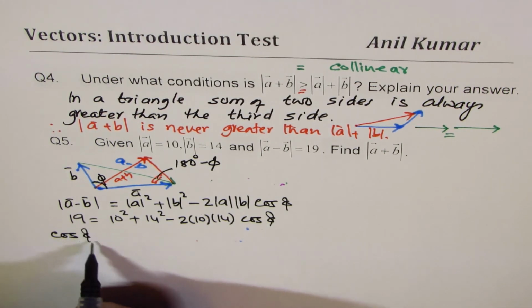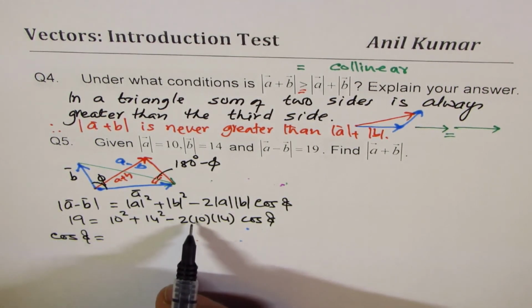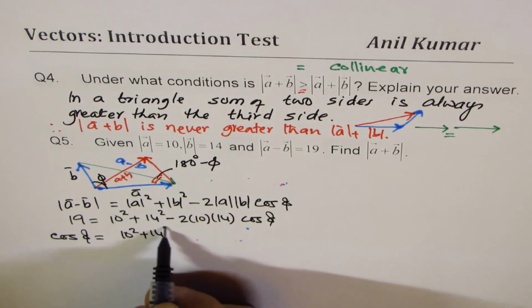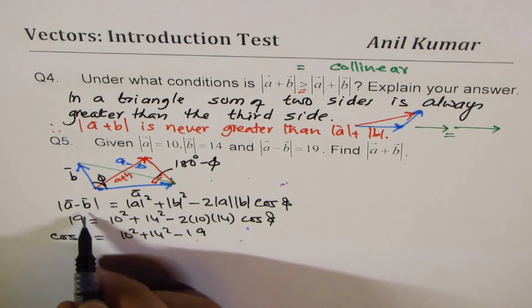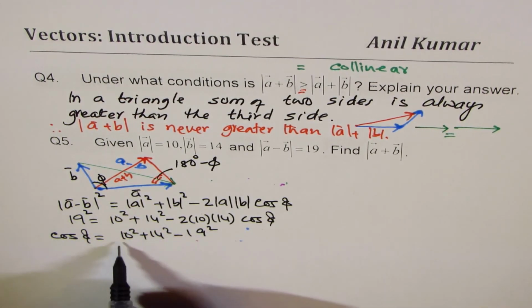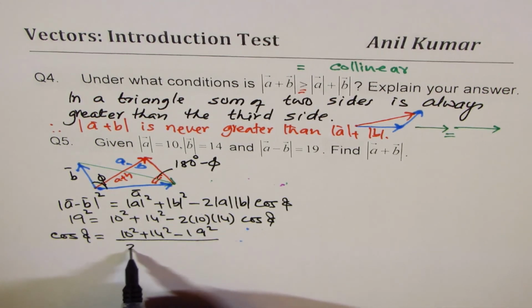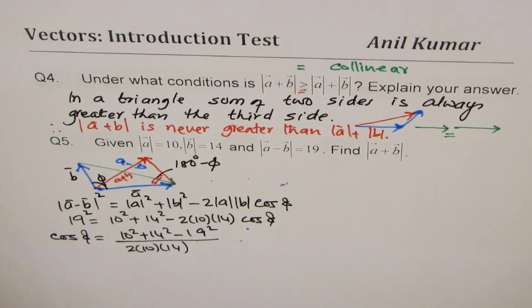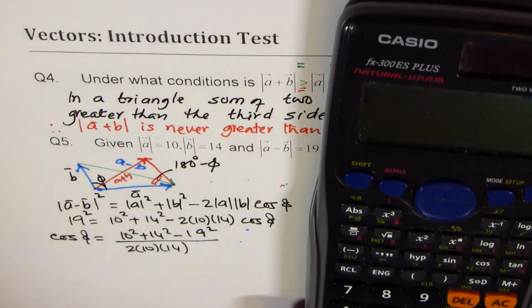We can bring these terms to the other side and solve for cosine phi. So we have cos phi equals, when you bring this and that on the other side, 10 squared plus 14 squared minus 19 squared, divided by 2 times 10 times 14, right? So let's do this and then we'll find the cosine of this angle.